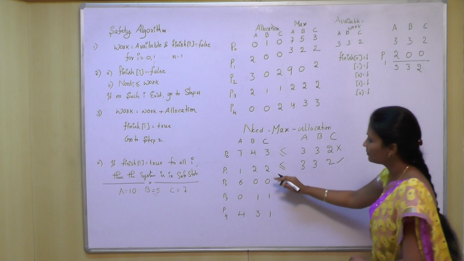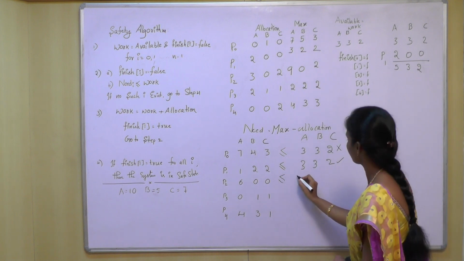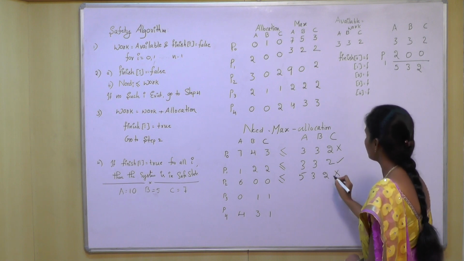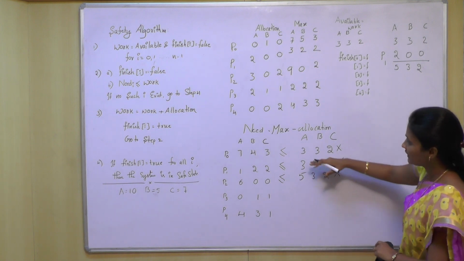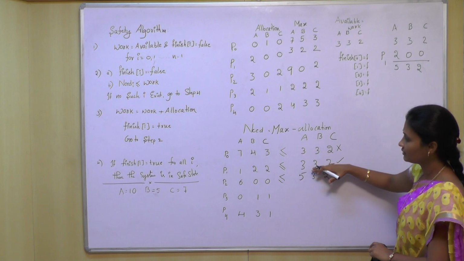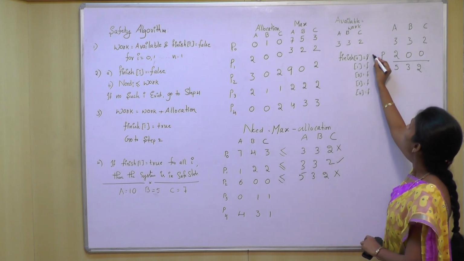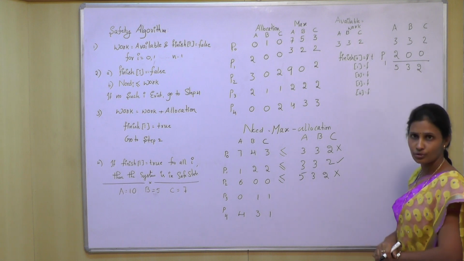Now we check with process P2 against 5, 3, 2. The condition is not satisfied. Once it satisfies the condition and finishes execution, the finish value false will be changed to true.